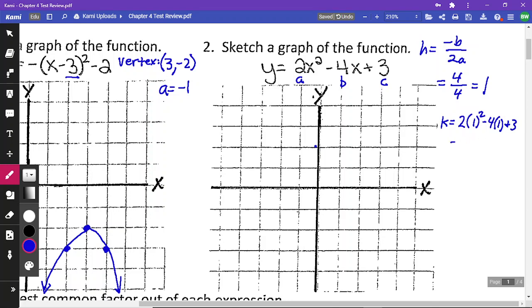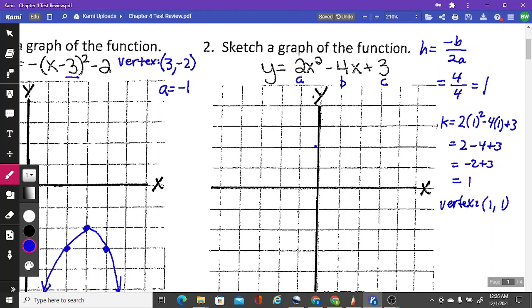And so that is 2 times 1 squared. Well, that's 2, because 1 squared is 1. 2 times that is 2. Minus 4 plus 3. That's negative 2 plus 3, so that is 1. So now we have our vertex, because we already had that the x-coordinate was 1. Now we know the y-coordinate is 1, so there's the vertex.